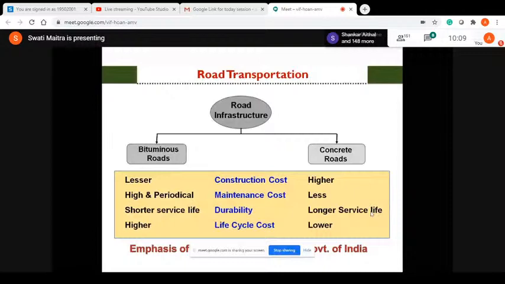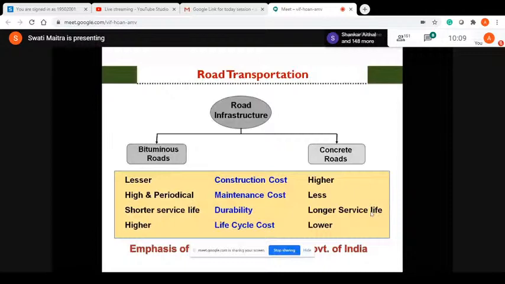This concrete slab, you can see here, has lines that denote the joints. The joints are provided in the transverse as well as the longitudinal direction of the pavement. The slab is supported on a foundation, which is a combination of base layer and sub-base layer, and then the compacted subgrade.